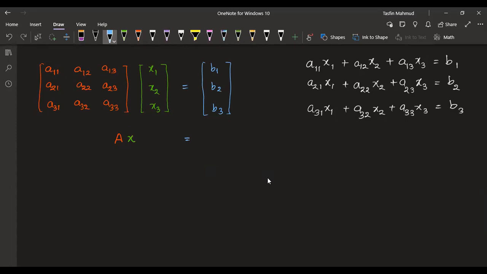Okay, so from here, if we want to find the x vector, we have to perform matrix inversion. Like we have to multiply this matrix A inverse on both sides, right? It would be equals to A inverse B.